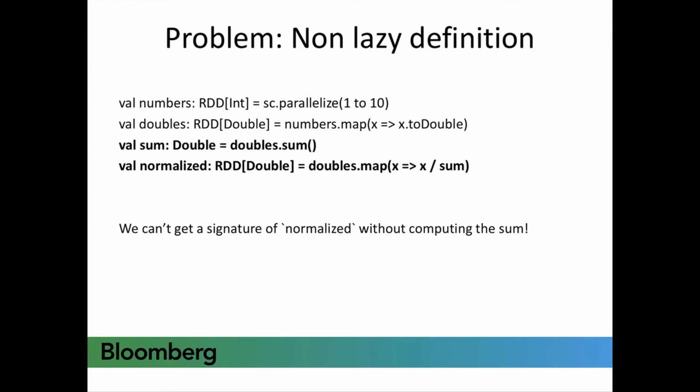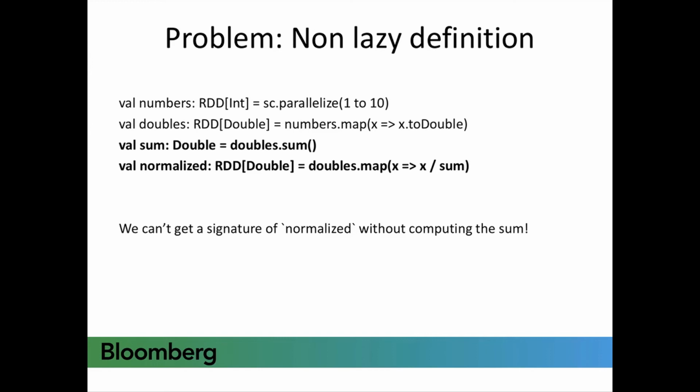Say we want these numbers to add up to 1; we can do that by dividing every number by the sum. The problem is this step is not lazy. It will block and execute possibly a large amount of computation. In this case, not a very large amount, but if you had a large data set and you're doing a sum on it, it might take a while.